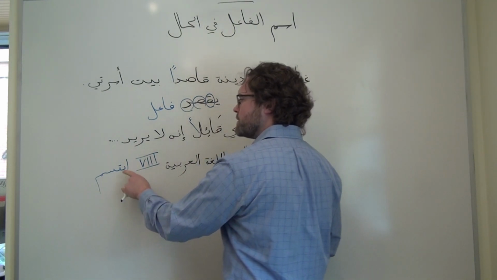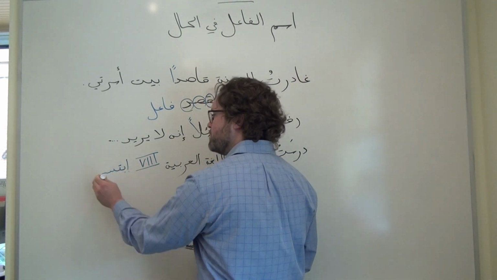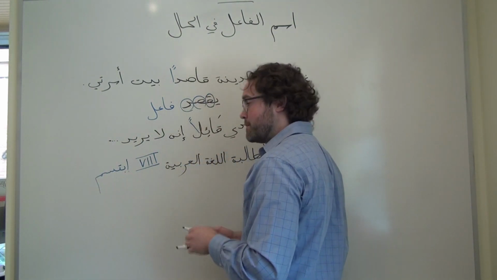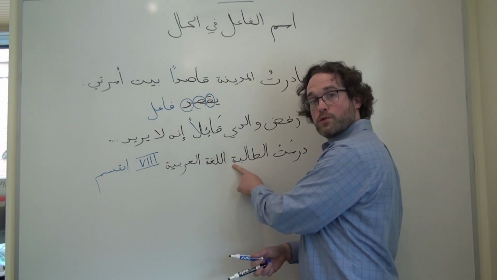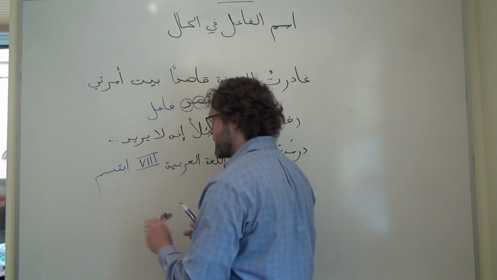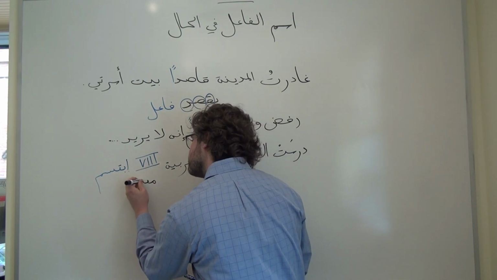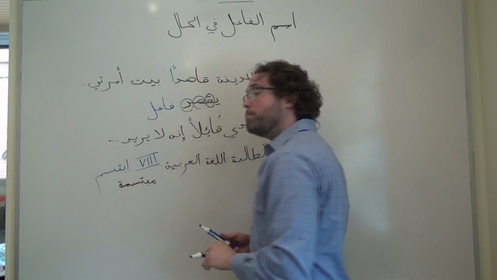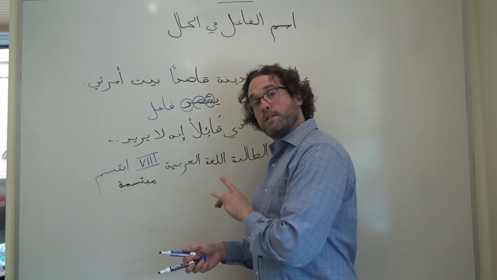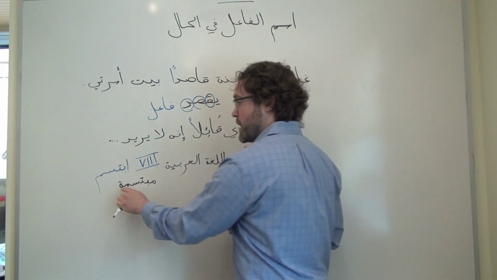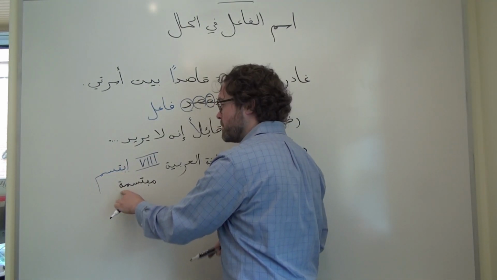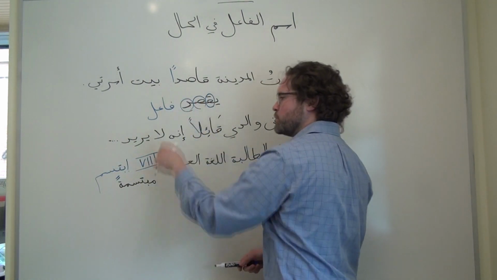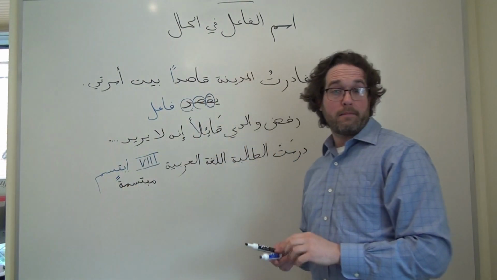But what we're going to do here is turn ibtasama into mubtasim, and because we're describing a feminine subject here, this grammatically feminine student, we're going to say mubtasima, but we still need to add that mansub, and since we have a ta marbuta here, a grammatically feminine marker, we don't have an alif like in these examples, we just say mubtasimatan.